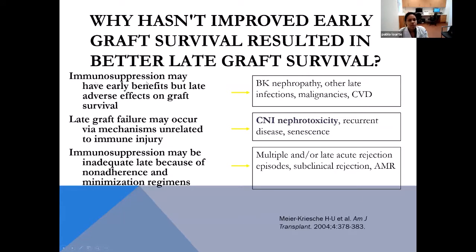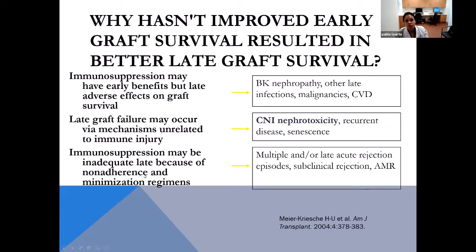So immunosuppression may have an early benefit, but then they have late adverse effects on graft survival. So like I said, the CNI toxicity. Late graft failure can occur by a mechanism unrelated to immune injury, so CNI toxicity, recurrent disease, senescence, and then immunosuppression may be inadequate late. So what happens is at the beginning post-transplant, we keep them on very high dose immunosuppression.